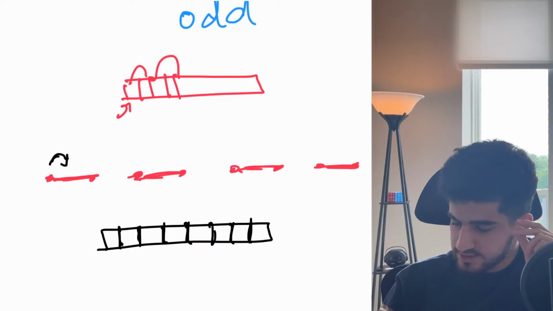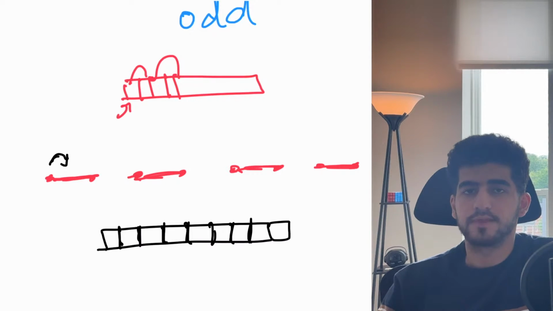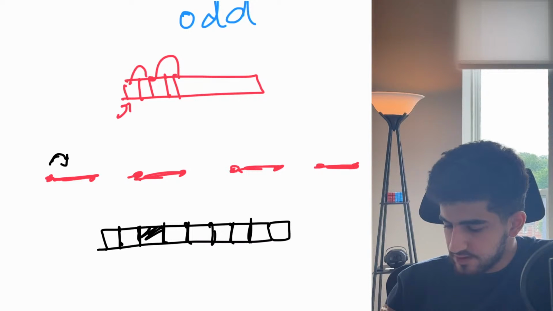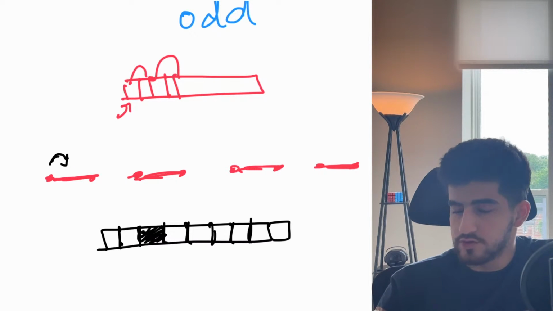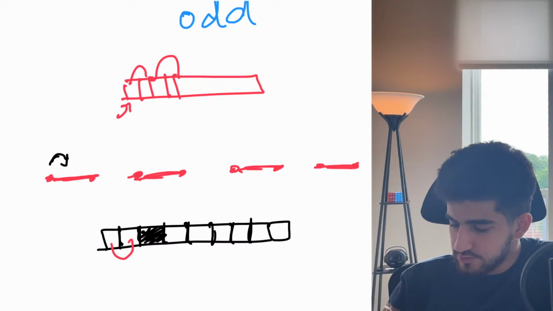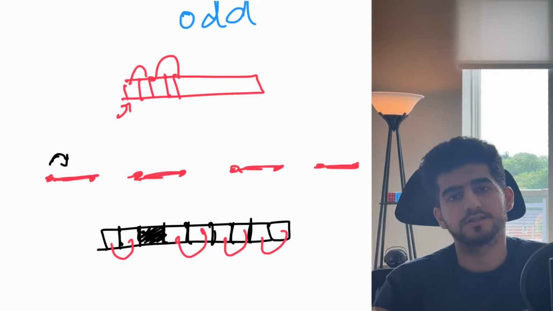For example, assume I have 9 numbers in here. If I choose this one as the one that will go to the middle of my final array, then I have to match these two and these two and these two and these two, because the rest are even and they can easily be matched to each other.